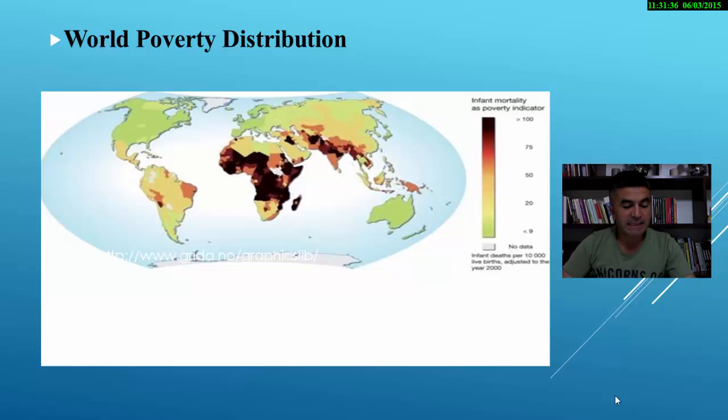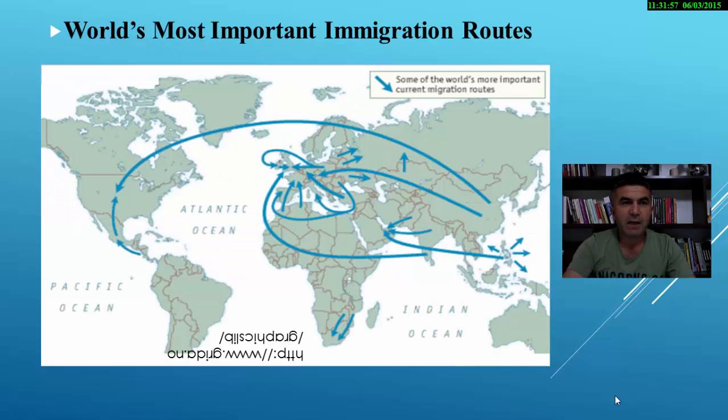The poverty rates in this region are significantly high, and the population in these regions tends to immigrate. As we see in Africa, South Asia, and Latin America, the countries are the poorest, and infant mortality in these countries is also significantly high. In the world's most important immigration routes, as we see, the case is the same as in the previous map.